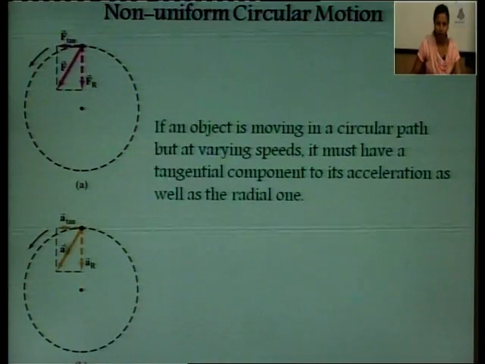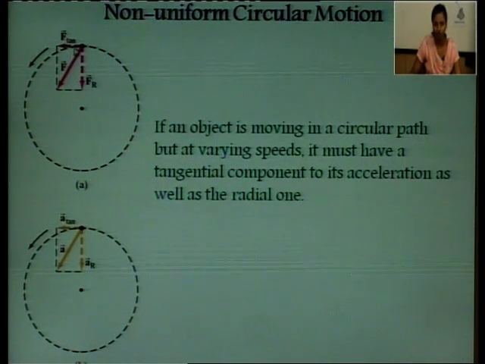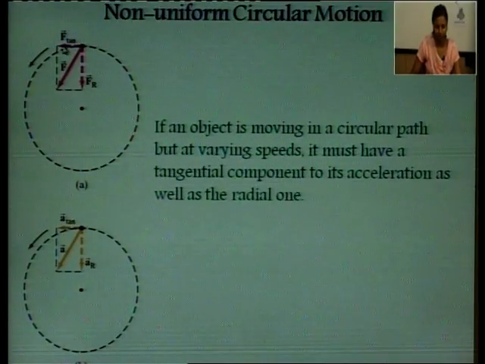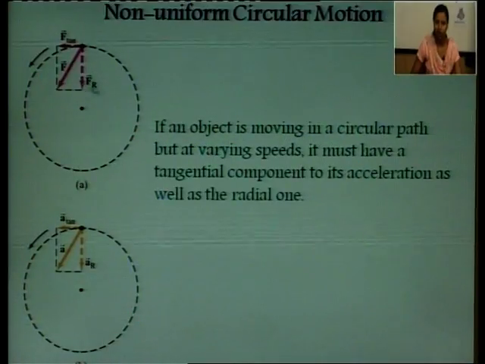Similarly, if we define acceleration, it is the sum of tangential acceleration and radial acceleration. So, for non-uniform circular motion, we need to consider two types of forces, tangential and radial. Tangential because its velocity is changing, radial because it is moving in circular motion.